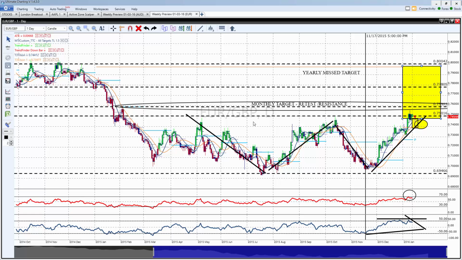I just wouldn't jump in here because it already traveled quite a bit. So I'm hoping this will maybe come down here, even though it's not much difference in pips. It's just that it's a lot healthier that way. Like as you can see, things go, consolidate, go, consolidate, go, consolidate.